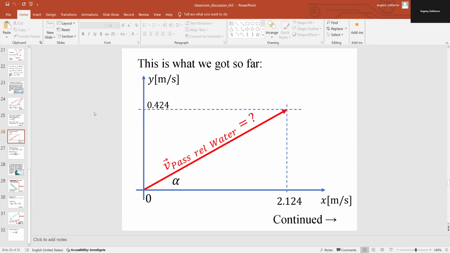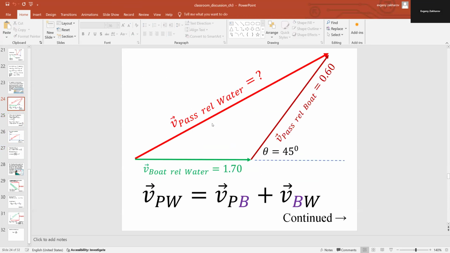See, it was passenger with respect to the boat, and it's 0.6. But if you want to consider what's going on with respect to the still water, it's going to be more because the boat travels pretty fast. And see how you can just add up 1.7 to 0.6, you're going to get what, 2.3, right?